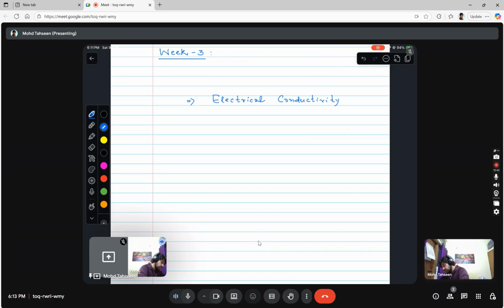And then, once we develop a model for electrical conductivity, we would use that to develop a similar model for thermal conductivity of a material. And based on the model that we develop, which can explain these two features of materials, we would like to understand how these are related to each other.